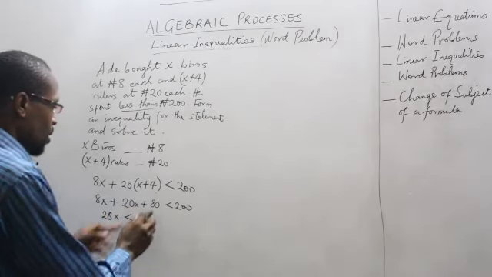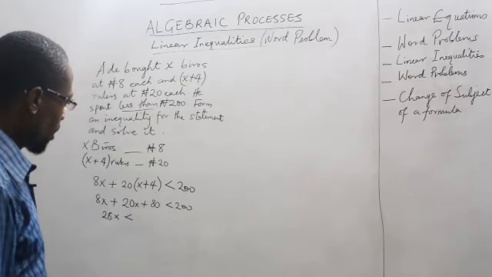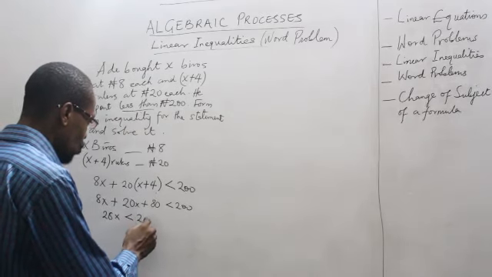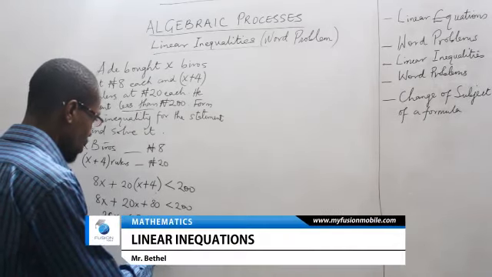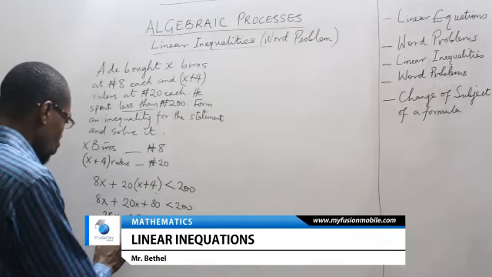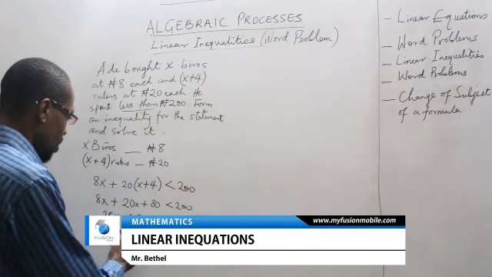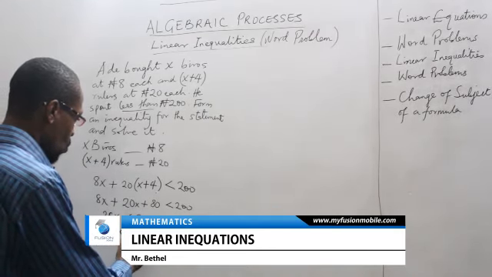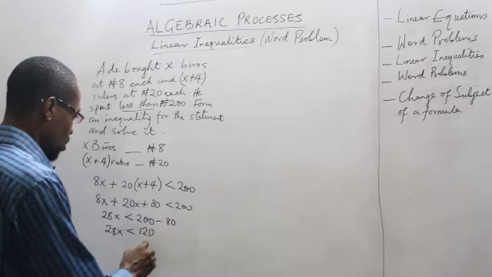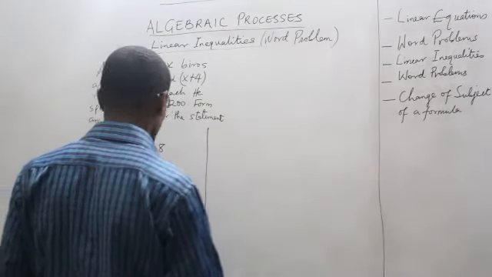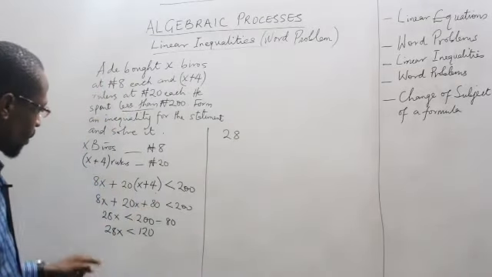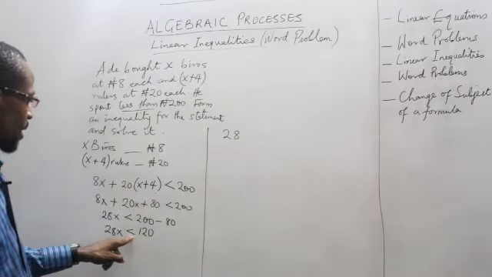To be less than, we move 80 to the right side so that we have 200 minus 80, and so 28x becomes less than 120.